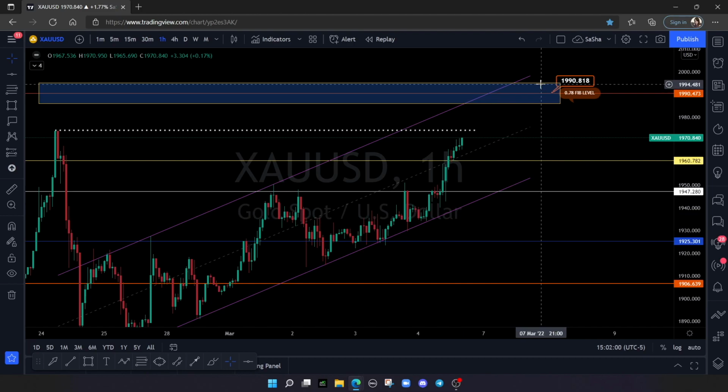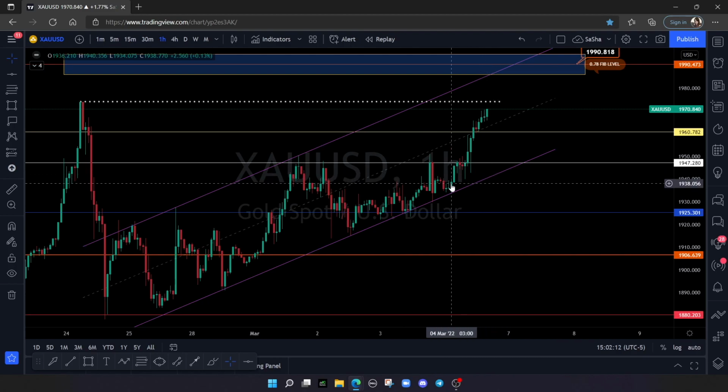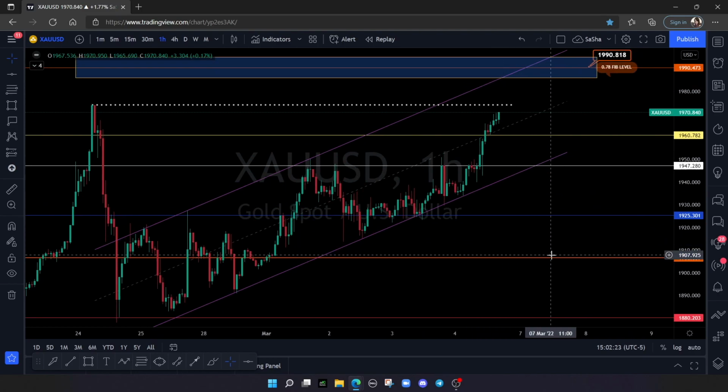Let's say, for example, price is coming to the bottom side. Below this area, we have this support right here. The 30, 35-ish area could be tapped into. Then we have our horizontal support at 1925-ish, and 1906, but for that it should be melting down.